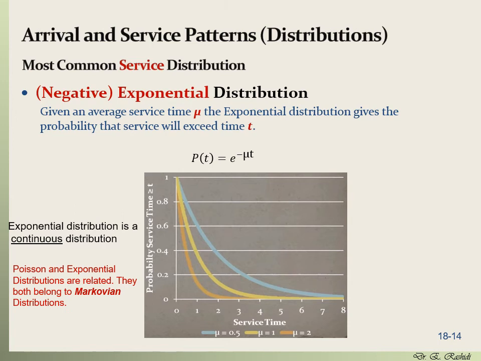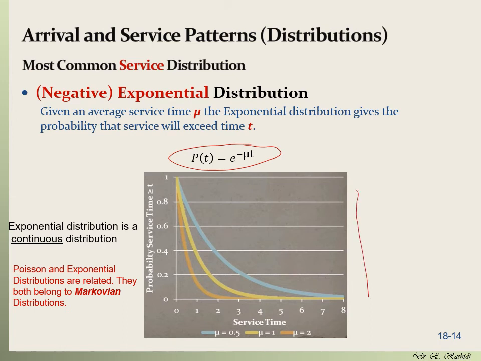If you want to find a probability, for example, given an average service time, which we show by mu usually, the exponential distribution gives the probability that the service would exceed time t, as shown here: probability of t is equal to e to the power negative mu multiplied by t. So depending on mu here, we can have different probabilities.